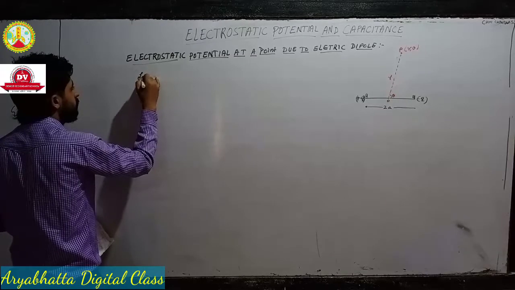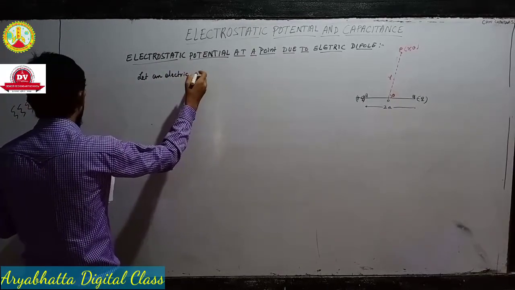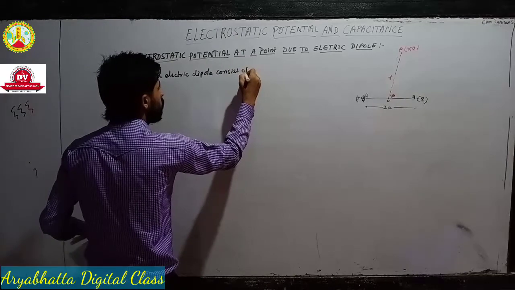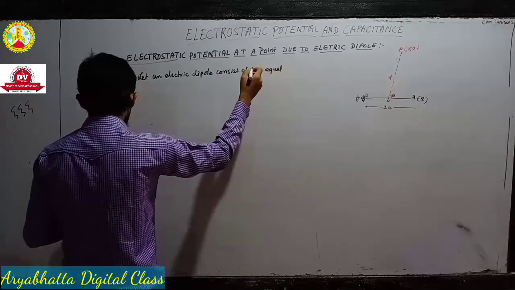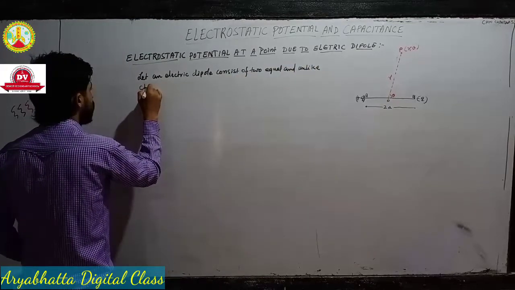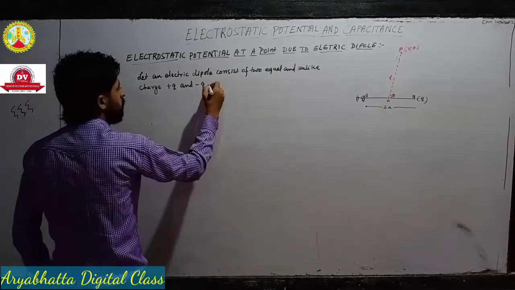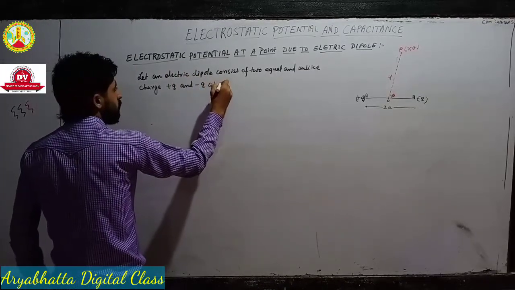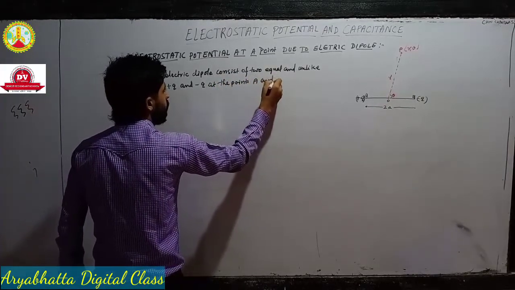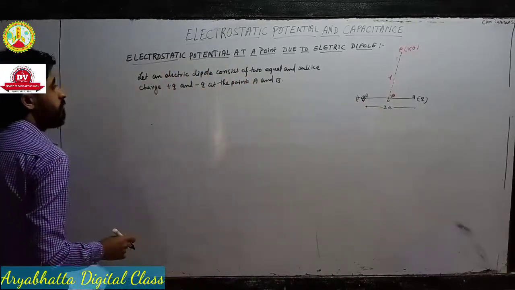Let an electric dipole consist of two equal and unlike charges, plus q and minus q, at the points A and B. So we have just described where the charges are located, at point A and point B.